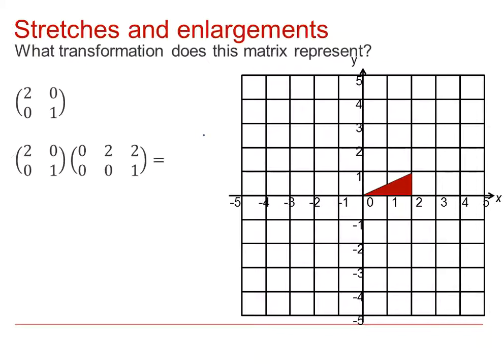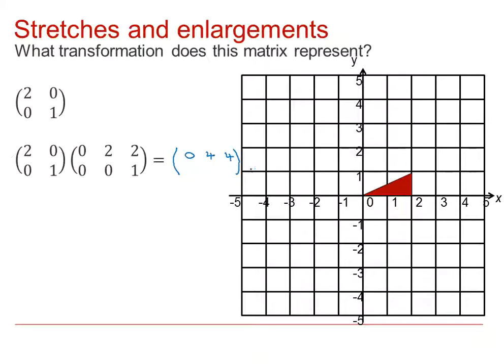When I do the multiplication, so multiplying the top row of the first matrix by each of the columns of the second matrix, the first multiplication will give me 0, the next one 4, and the next one 4.